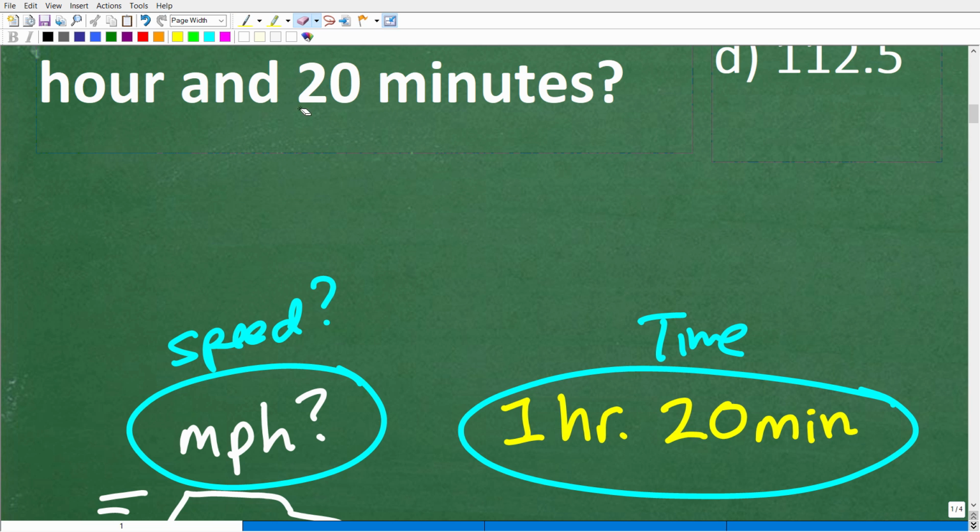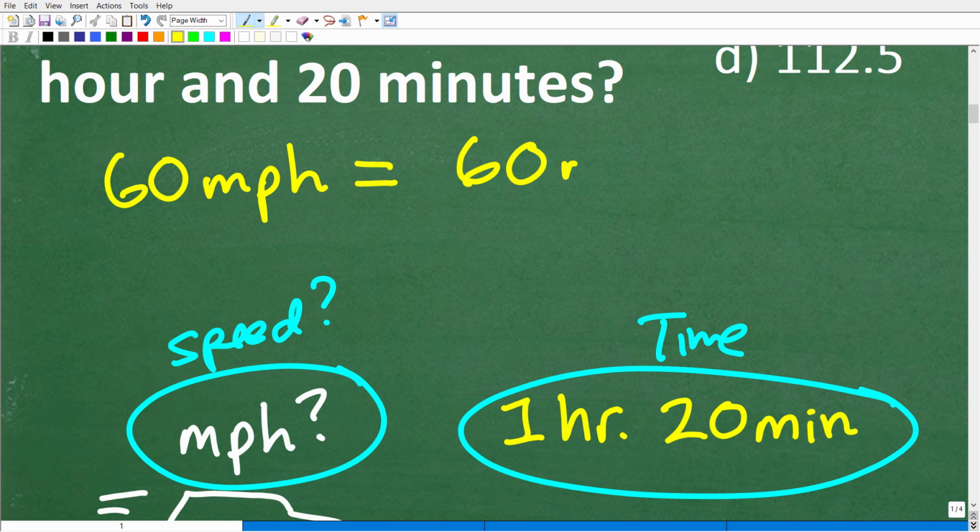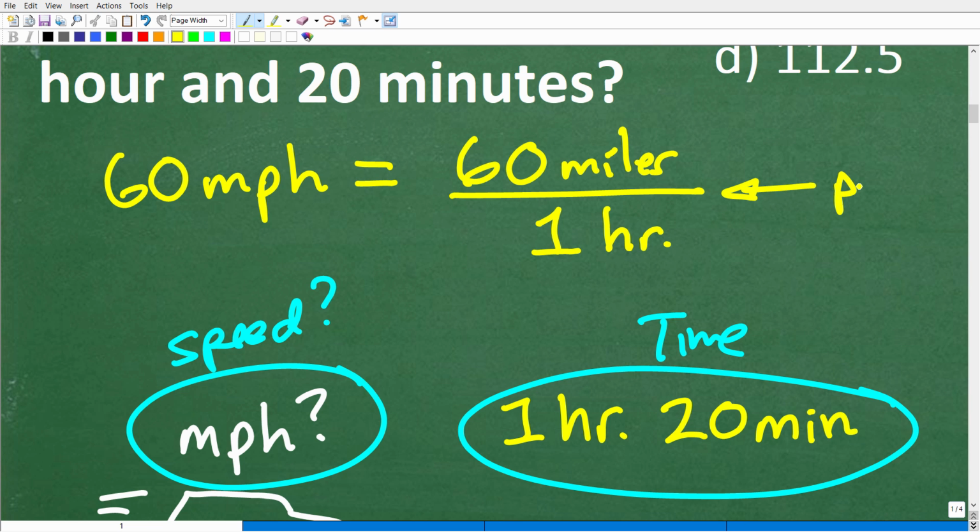I'm going to erase this here because I'm trying to make a very important point. So 60 miles per hour is equal to 60 miles per 1 hour. This is what we call a rate in mathematics. And this fraction bar is the word per.